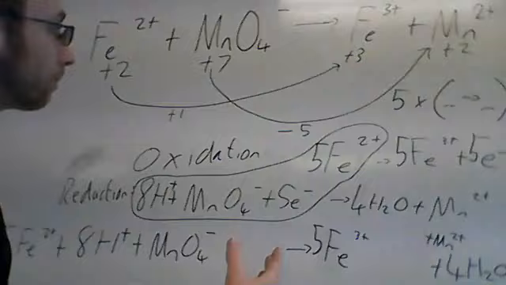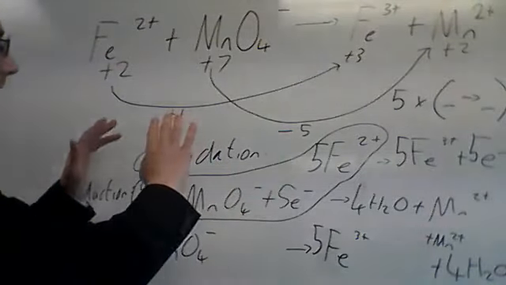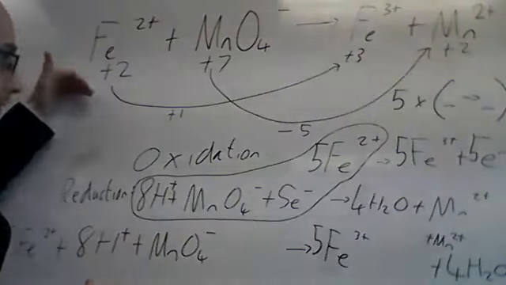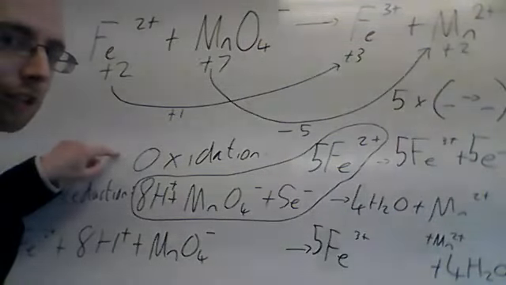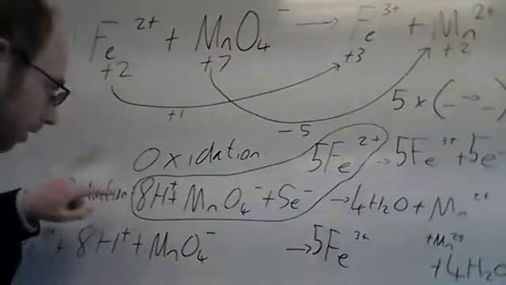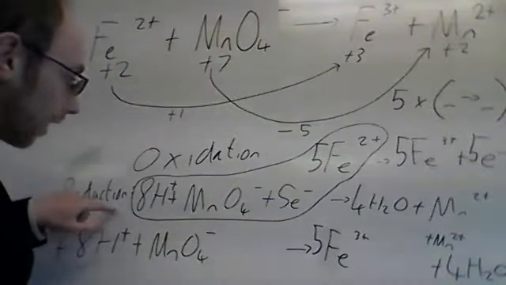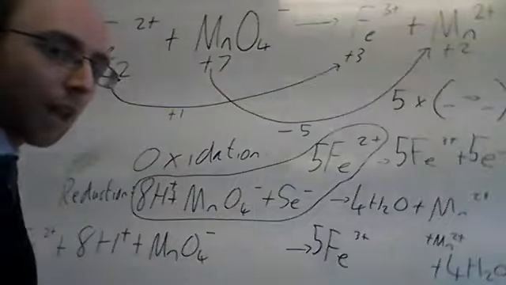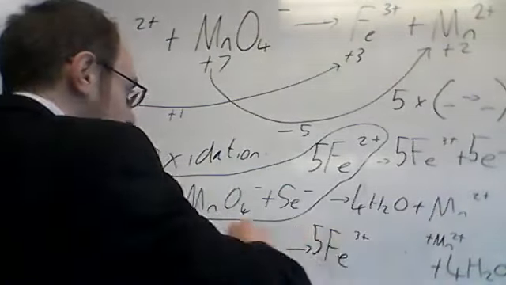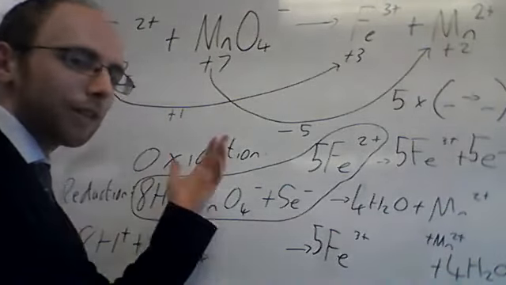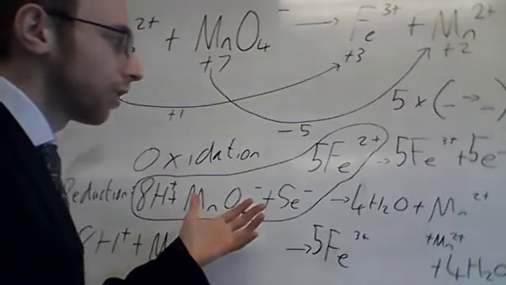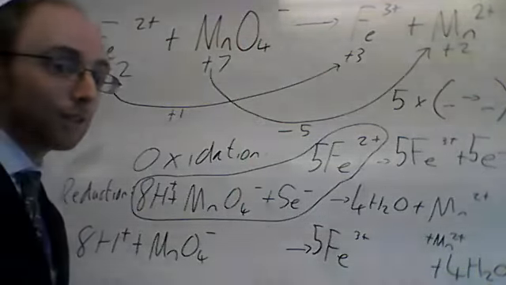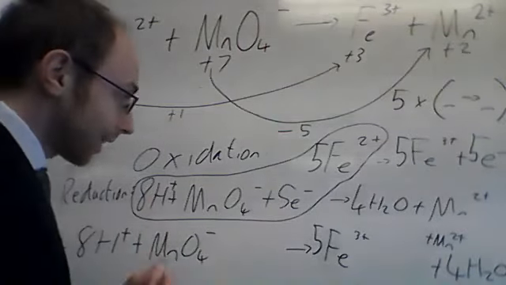Annoyingly, what you'll normally meet is a set of half equations, a 1 mark question: write the half equation for oxidation. Another 1 mark question: write the reduction half equation. And another one: now write the overall, and you've only got one little silly dotted line to do it. So that frustrates me, because I think it'd be better if we had a 4-mark question: balance that, go. I think actually in this case that would be easier to do. But yeah, that's that principle.